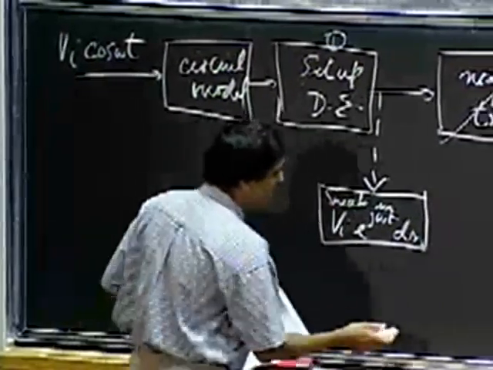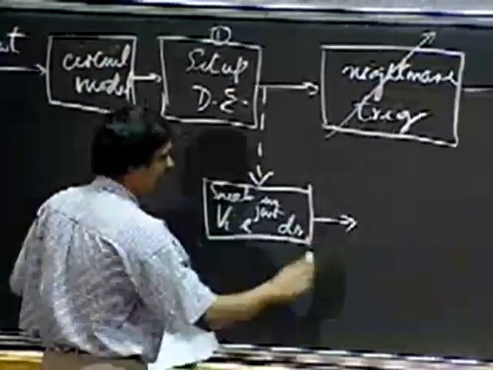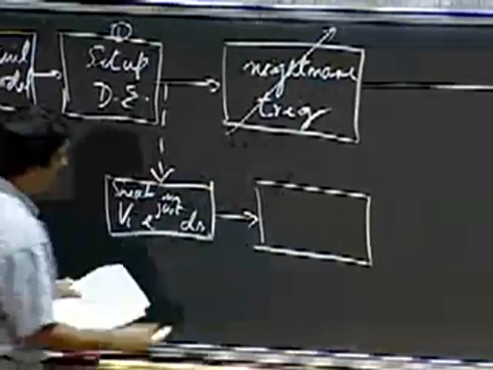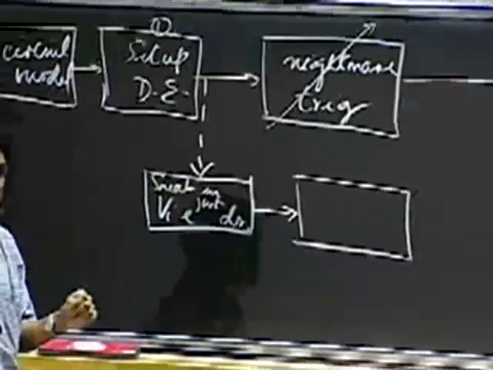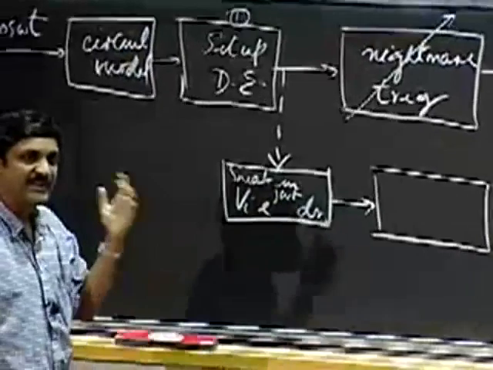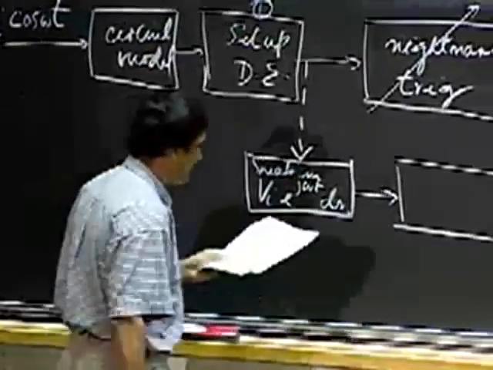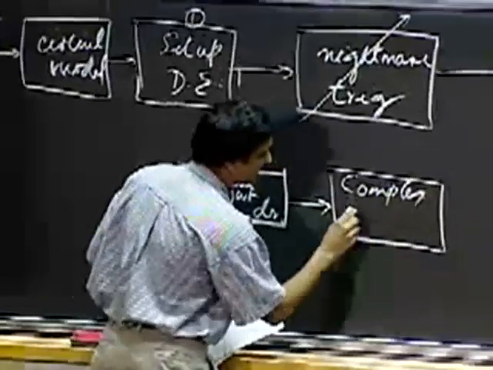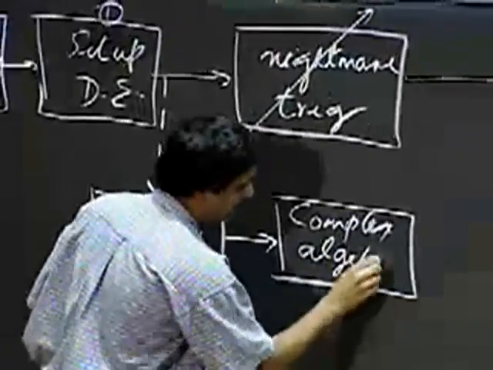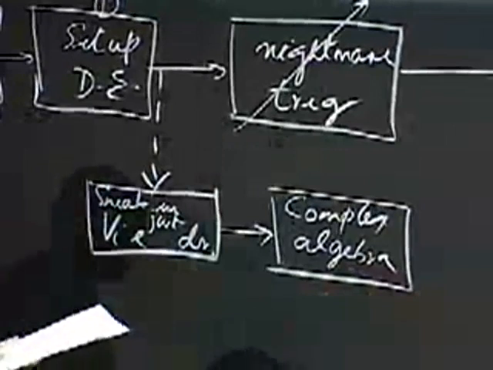So this is my sneaky path, and what I did there, as soon as I fed in e to the j omega t, because of the property of exponentials, the e to the j omega t canceled out in my equation, and what was left was some fairly simple complex algebra. Okay?